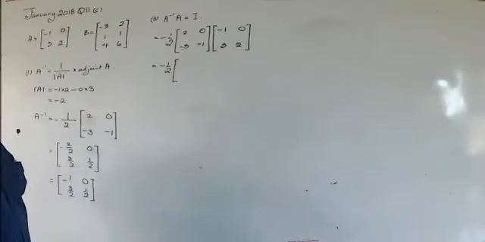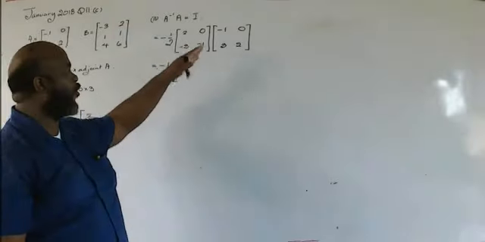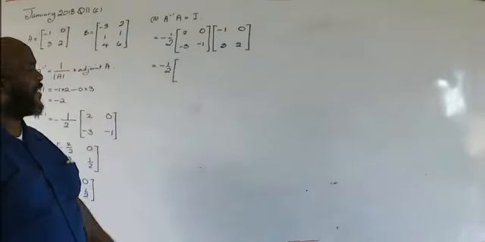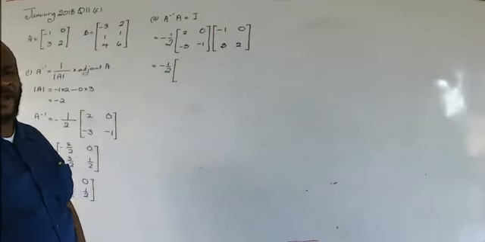Now, when we're multiplying two matrices, we multiply the rows of the first matrix by the columns in the second matrix. Whenever we multiply a row by a column, we get a value. If I multiply the top row by the left column, I'm going to get the top left value. How do we multiply a row by a column?